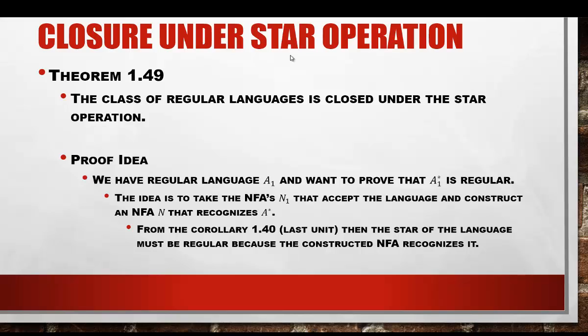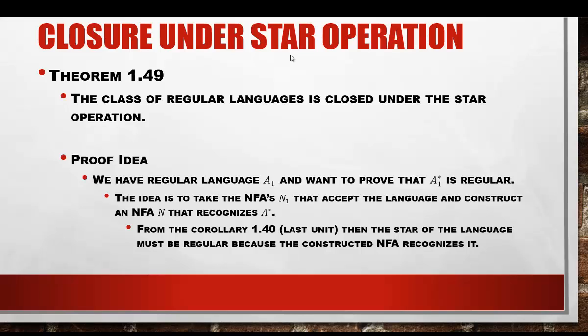The theorem states that the class of regular languages is closed under the star operation. The idea for this proof is pretty much like the proof of union and concatenation. We assume that there is a regular language A sub 1, and we want to prove that its star, A sub 1 star, is also regular.